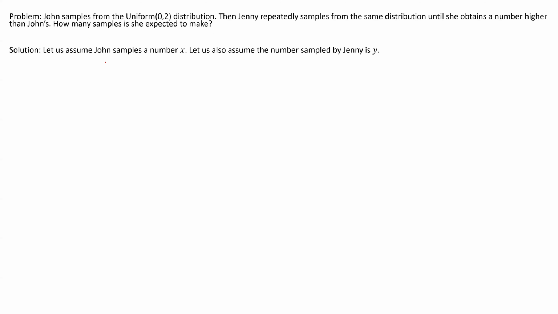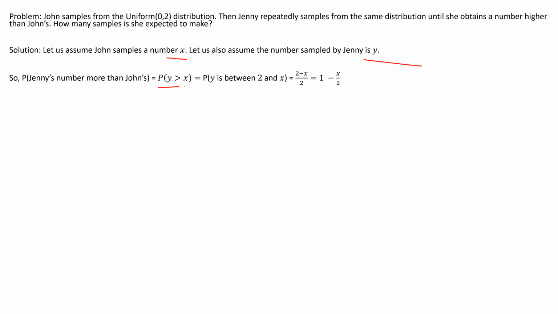First, let us assume that John samples a number x, and Jenny samples a number y. Now, for the probability that Jenny's number is more than John's, we need the probability of y being larger than x.